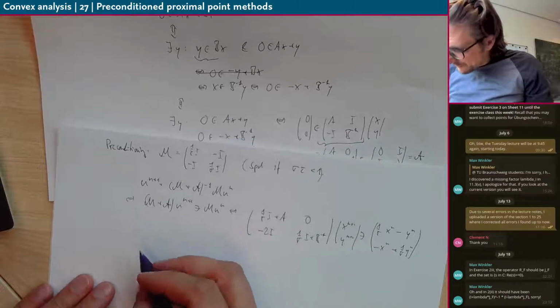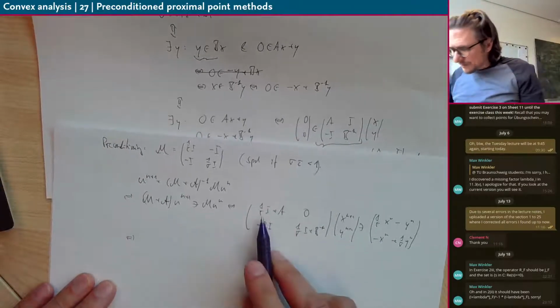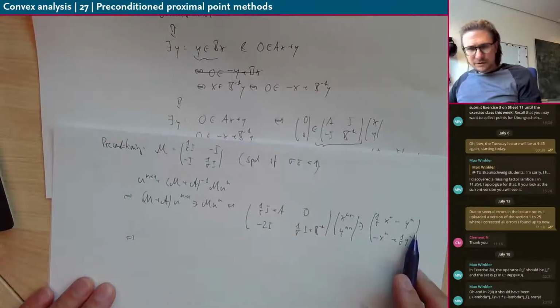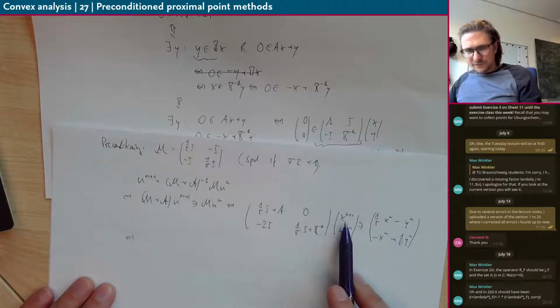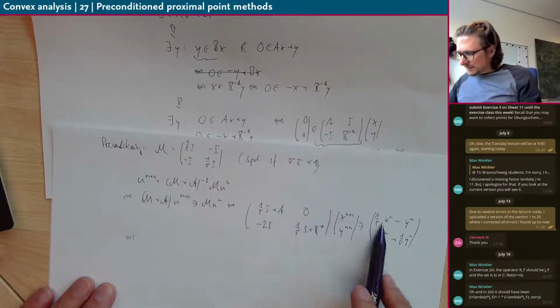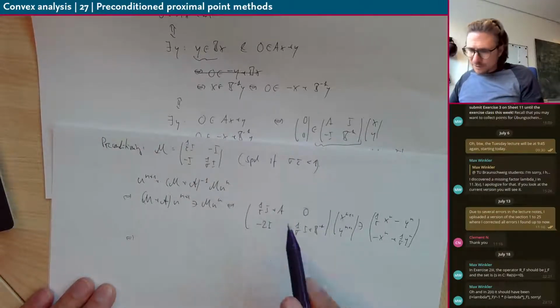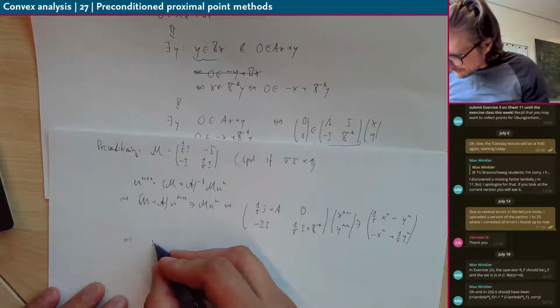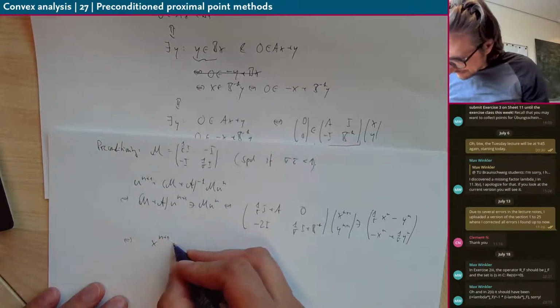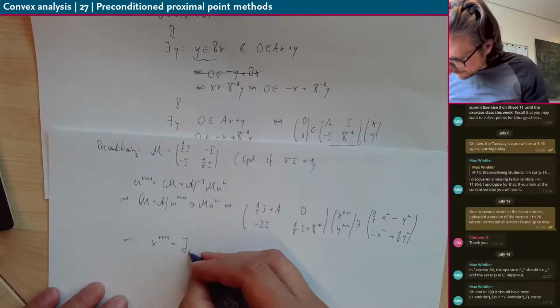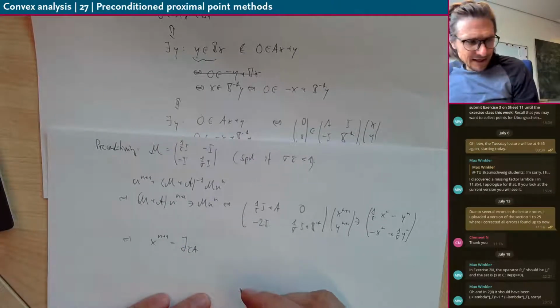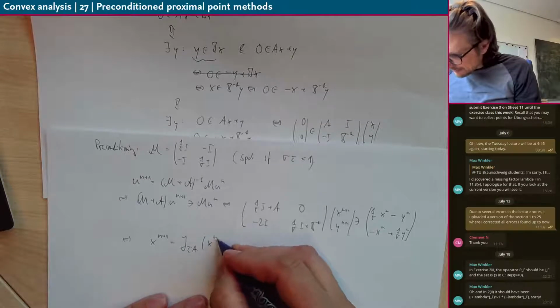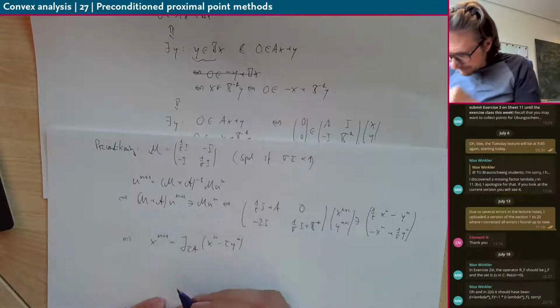So if we solve this, we have a look at the first equation now, because we want to solve this for y^{n+1}. For x^{n+1}, it doesn't contain y^{n+1} anymore. We multiply by tau to get the identity over here, and we see the first inclusion is the same thing as x^{n+1} equals the resolvent of tau times A applied to x^n minus tau times y^n.